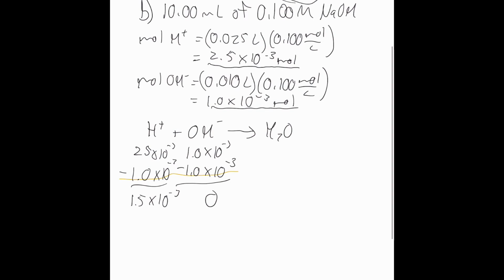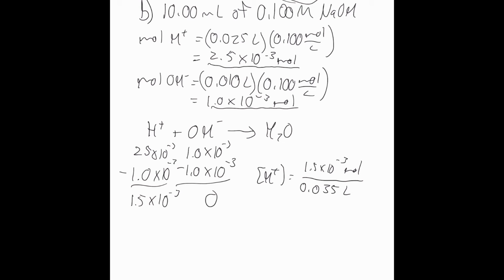All right, and now in order to get our concentration of H plus, it is 1.5 times 10 to the minus 3 moles, and we need to divide that by liters. We're going to add 0.025 to 0.01, or 25 plus 10 milliliters, and just assume it's 35, 0.035 liters.